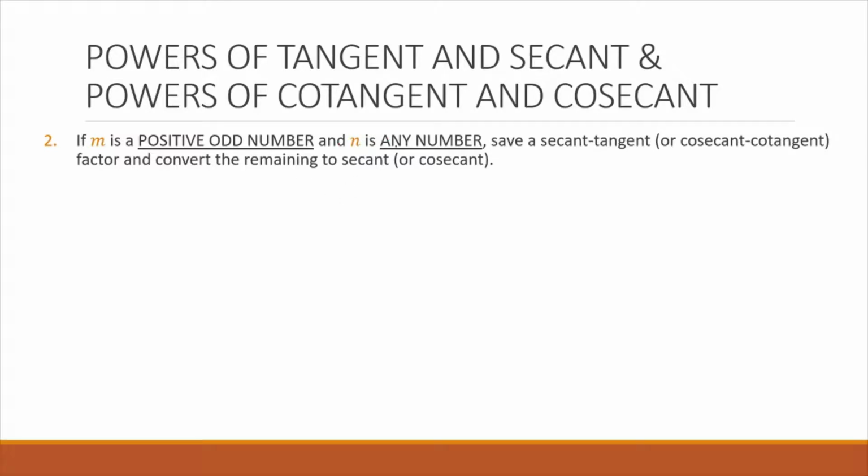So, if this is the case, then we save or we isolate a secant tangent na factor. Or in the case for cotangent and cosecant, we isolate cosecant cotangent na factor. And then we will use them to satisfy du. Kasi in this case, ang focus natin is ang cosecant or ang secant.